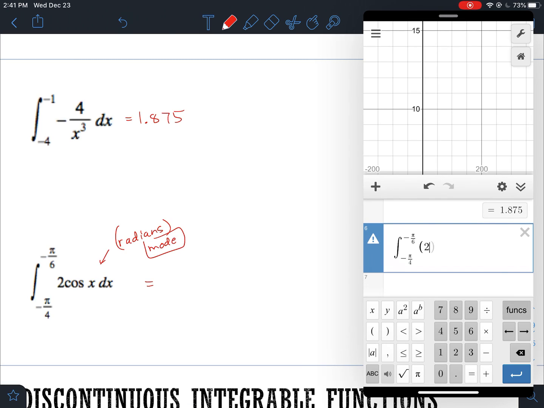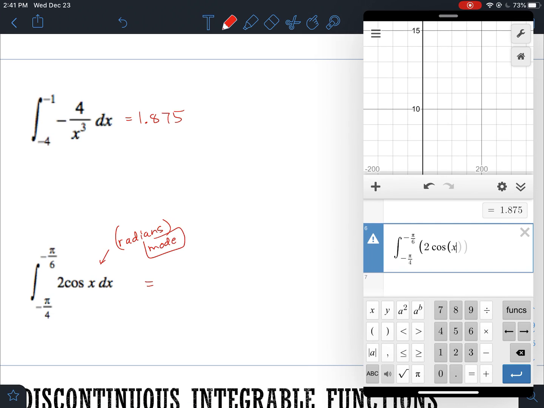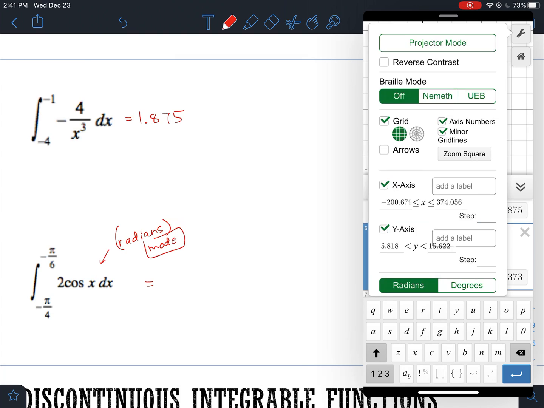And then on the next one, we're going to integrate from negative pi divided by 4 to negative pi over 6, and then we are integrating 2 and then cosine x, and then dx.